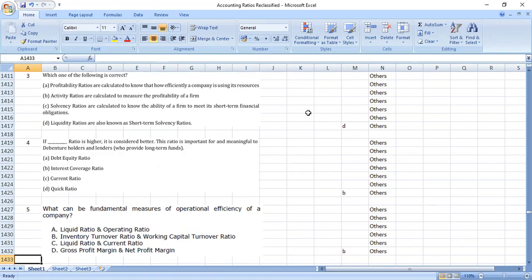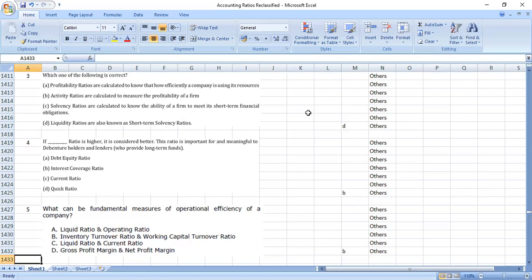Fourth one, if dash ratio is higher, it is considered better. And we have debt equity ratio. The ratio is important for and meaningful to the debenture holders and lenders. They ask which ratio, if higher, is good for debenture holders and lenders. If debt equity ratio is higher, debenture holders will be worried, because equity is less and debt is more. So A is not the answer.